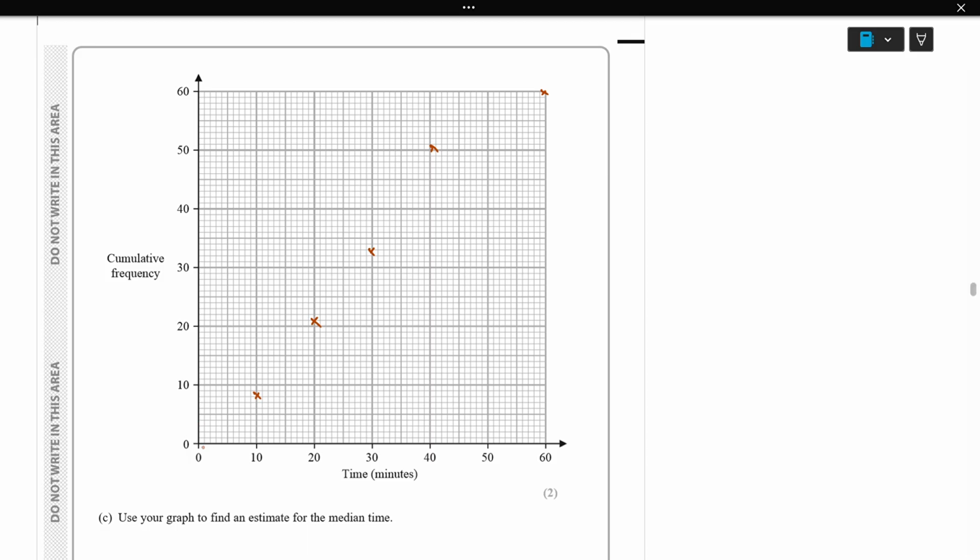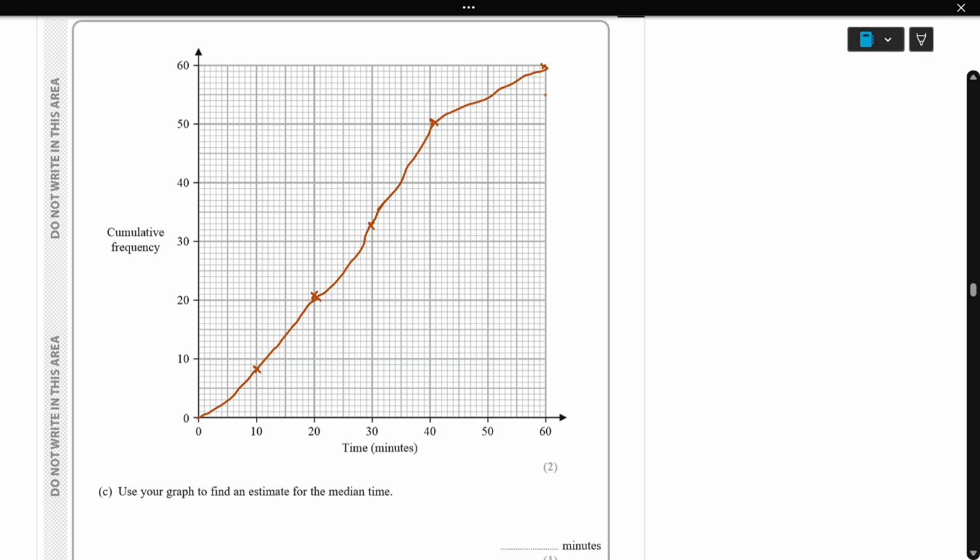Okay, so we cannot use the ruler. This is a freehand drawing, so here I couldn't write properly with the pencil. We should connect all of these. It should be a curve. It's not a straight line, it should be a curve.